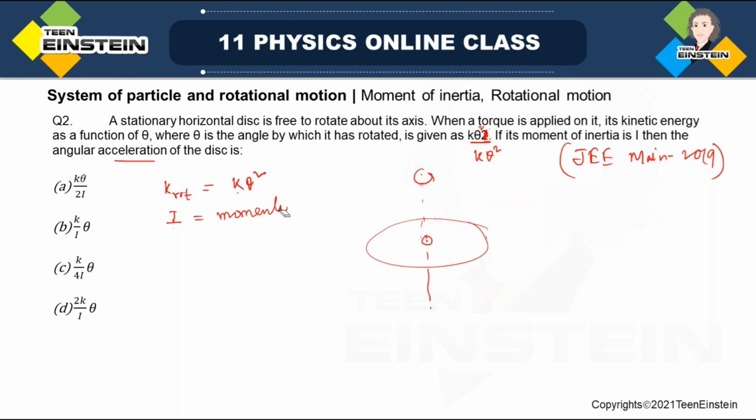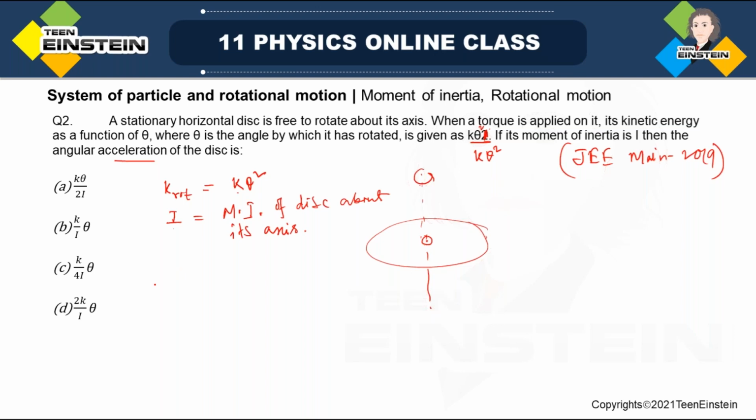Let me write in short, moment of inertia of the disk about its axis. Okay.